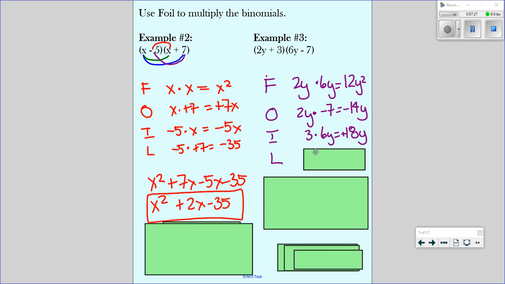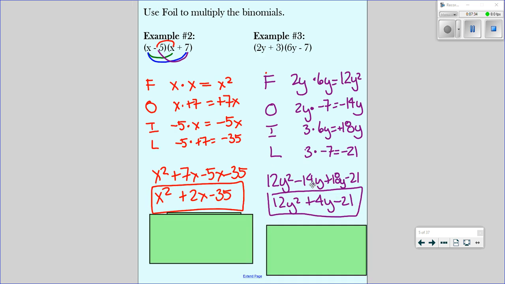And then the last, 3 and negative 7, negative 21. And you combine your like terms, which is negative 14y and 18y, gives you 4y. So 12y squared plus 4y minus 21. That's using FOIL. All right, let's go on to the next one.